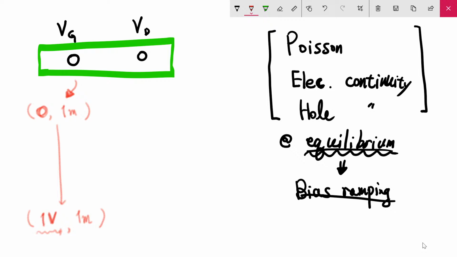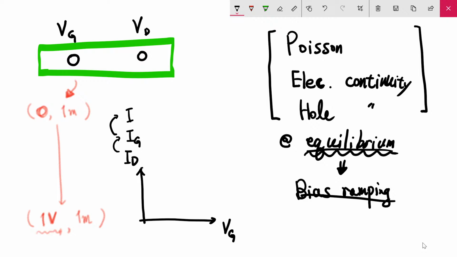Increase the gate bias up to 1 volt, and after that, please draw a curve like this. Now you have gate bias and you have drain current. Of course here we have two other current components, like gate current and source current.